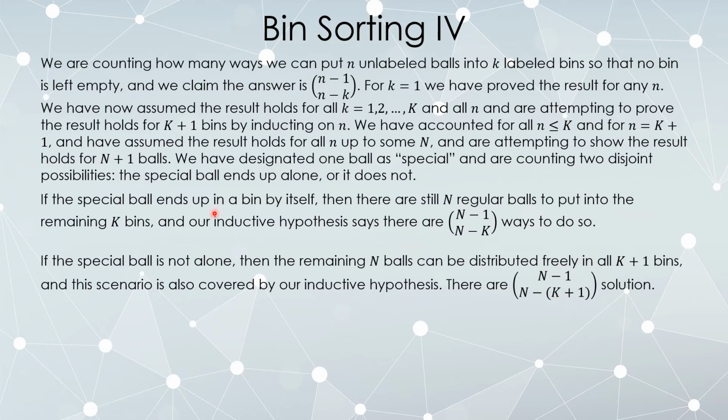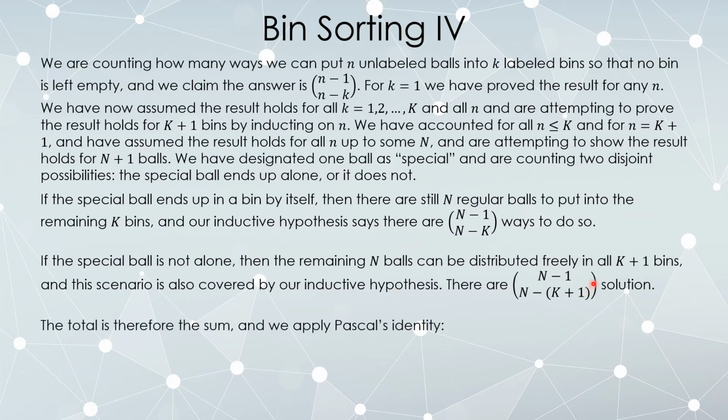So if the special ball ends up in a bin by itself, the remaining balls go into the remaining bins and none of them can be left empty, and our inductive hypothesis covers that. If the special ball is not in a bin by itself, the remaining balls have to go into all of the remaining bins, including the one with the special ball, but all of these bins have to get at least one normal ball. But since that's K plus 1 bins with only capital N balls, that's also covered by the inductive hypothesis, which spits out this formula.